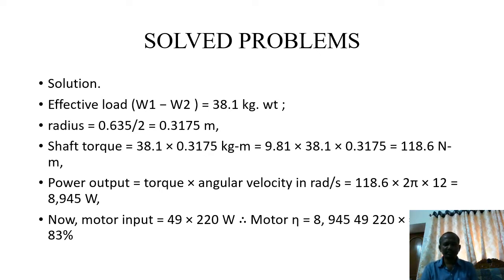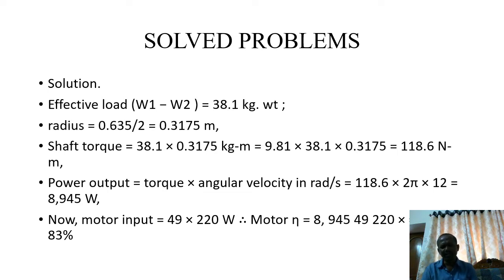Therefore, shaft torque is 9.81 into 38.1 into 0.3175, which is equivalent to 118.6 Newton meters. Power output is 118.6 into angular velocity, 2 pi into N, that is 2 pi into 12, which is equivalent to 8945 watts.